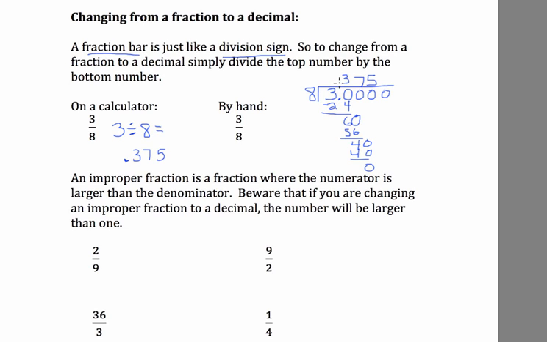My decimal place will go straight up. 3 divided by 8 is 0.375.